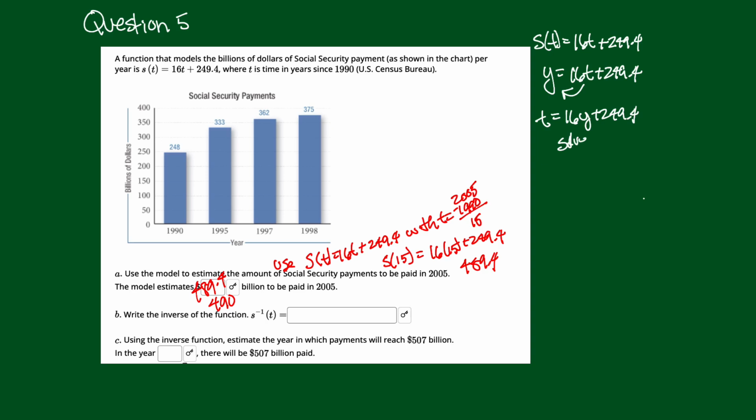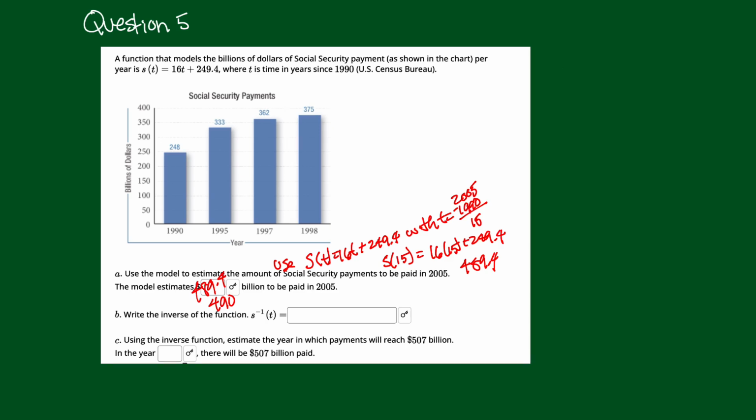Now I'm going to solve for y. All right, so I'm going to subtract that. So I'll get t minus 249.4. That's equal to 16t. Let's divide.